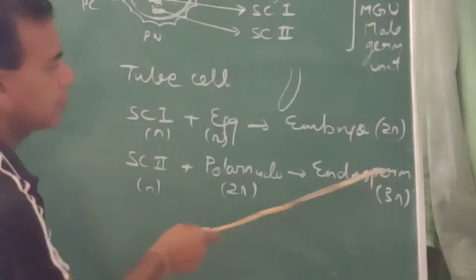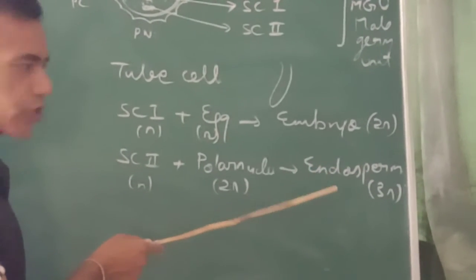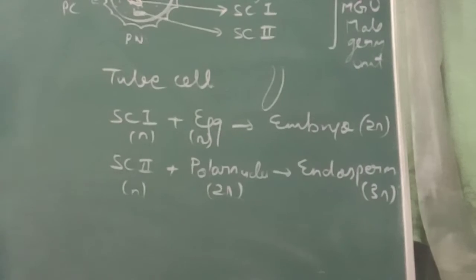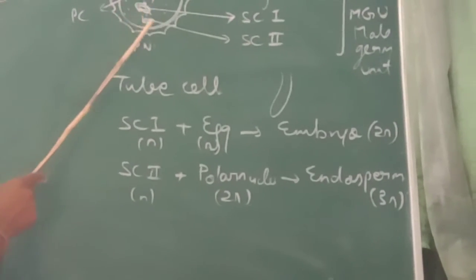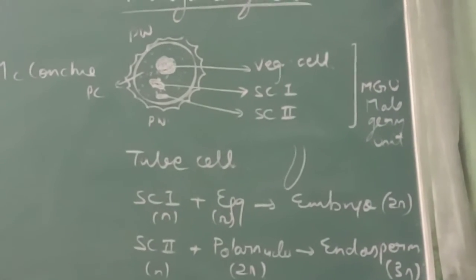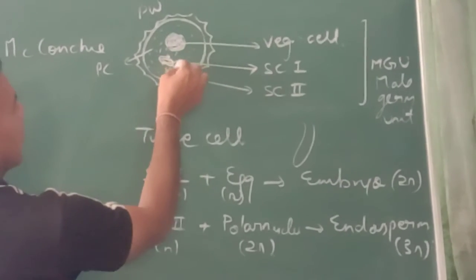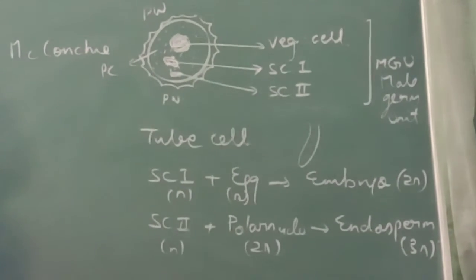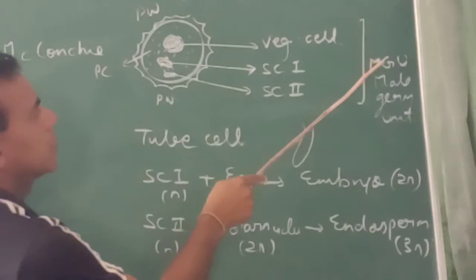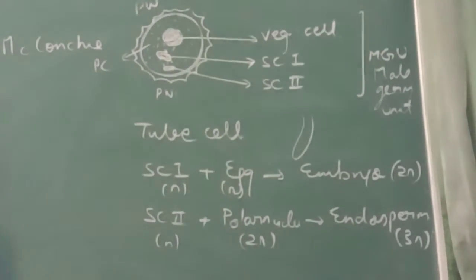This endosperm provides nutrition to the developing embryo, and these three are connected with each other, joined by fiber-like structures, thus making one unit, the male germ unit.